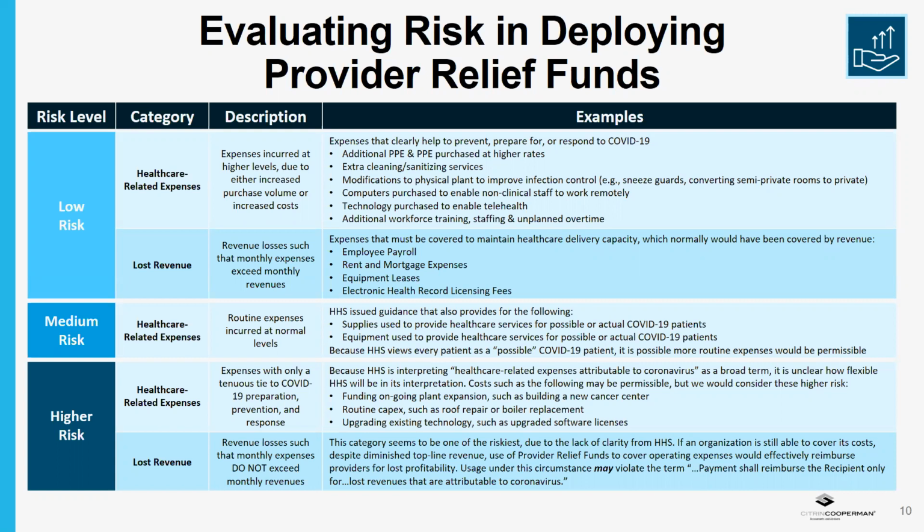The first is healthcare related expenses: expenses incurred at higher levels due to either increased volume or increased costs. These are expenses that clearly help to prevent, prepare for, or respond to COVID-19.